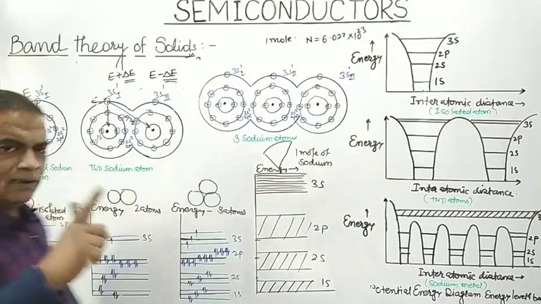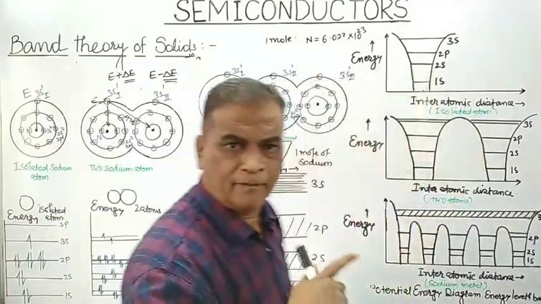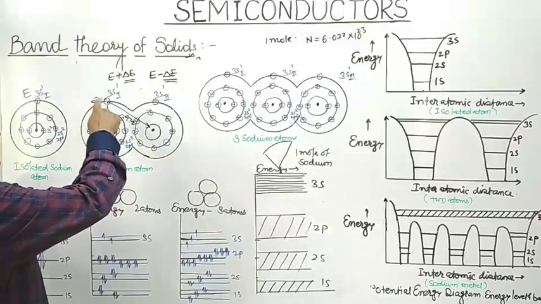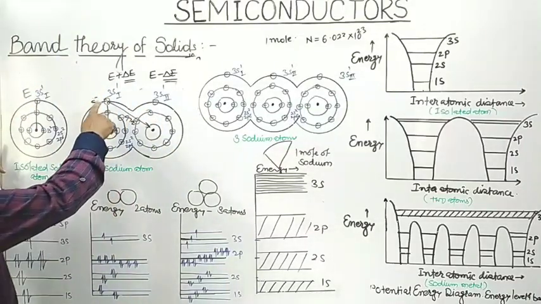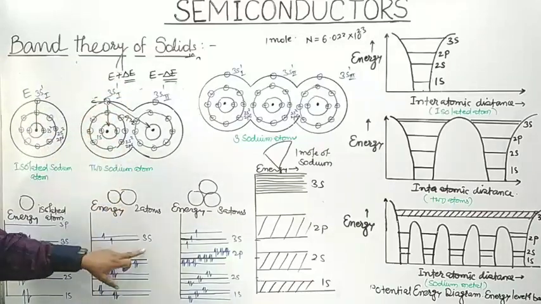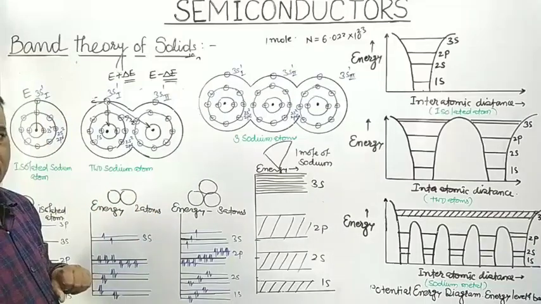So remember that according to Pauli's exclusion principle, the electrons in the outermost 3s orbits will have two different energy levels. One is E plus delta E and the other is E minus delta E.